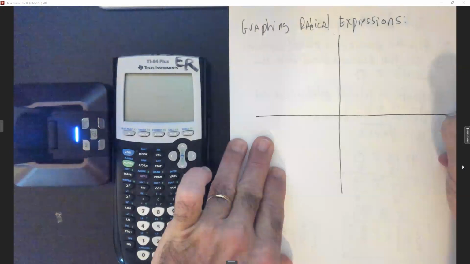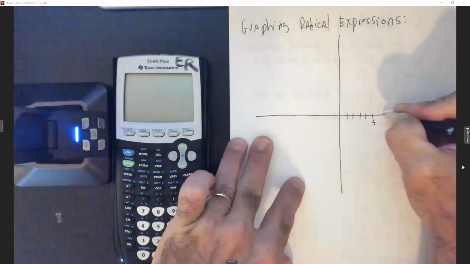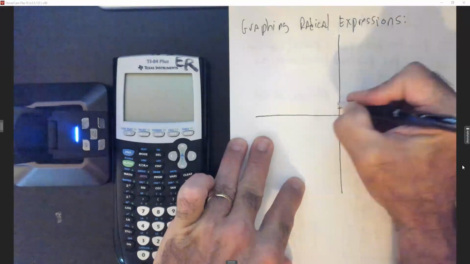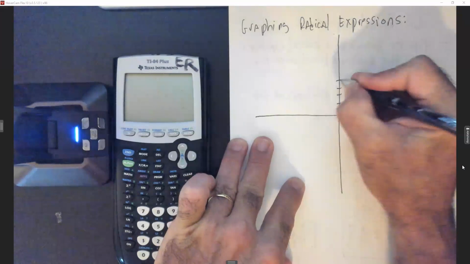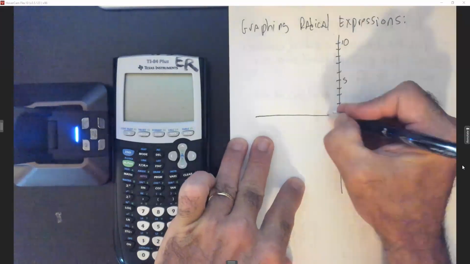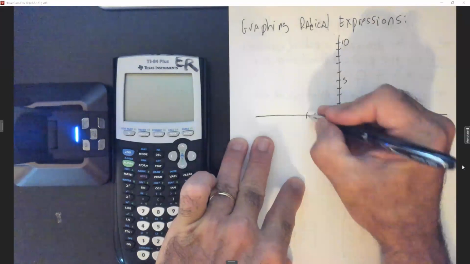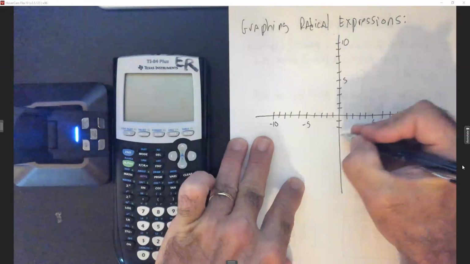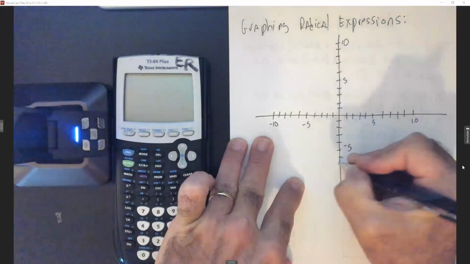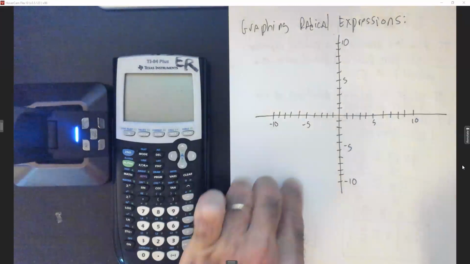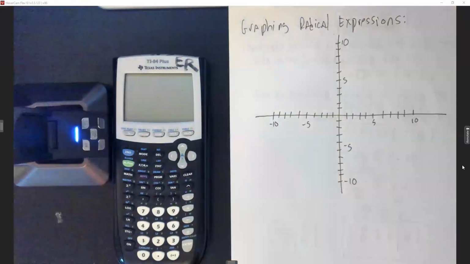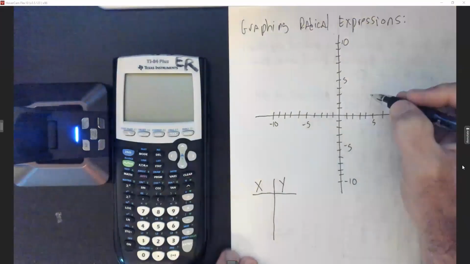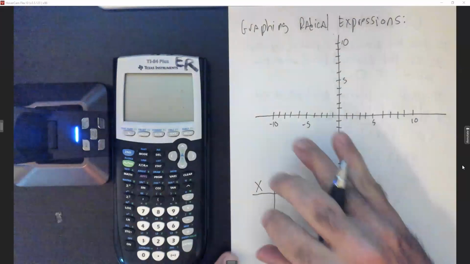So I'll go at about 10 on this. All right, so I'm just going to make a little table down here so that I can get some values. So this will show you what the basic graph of the radicals is going to be, okay?